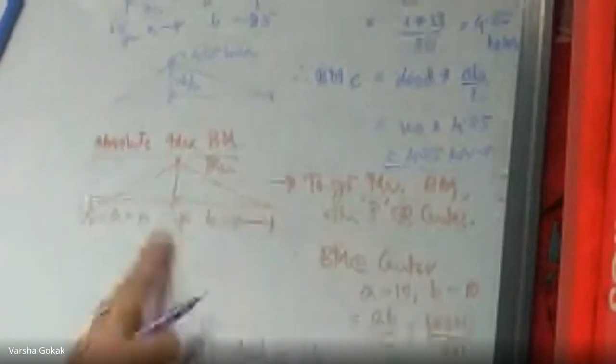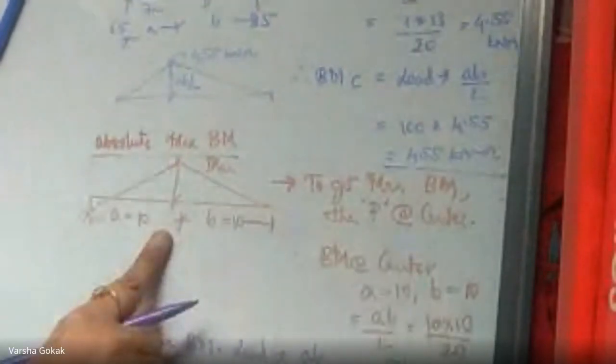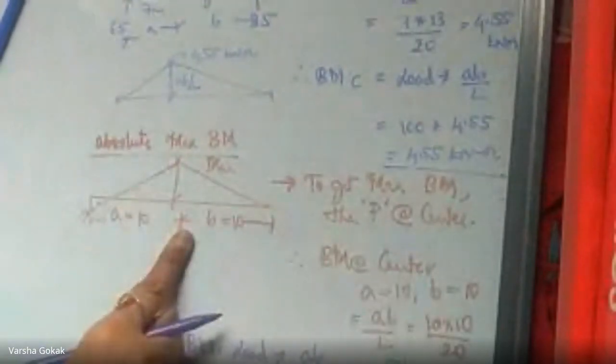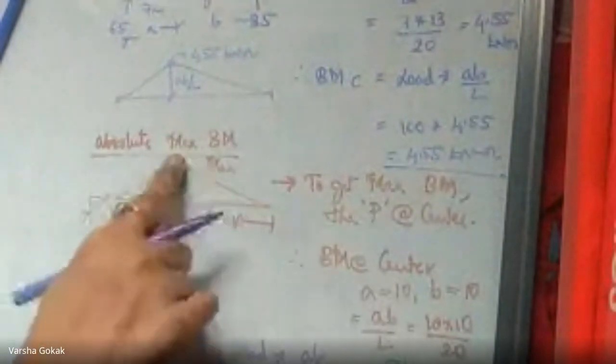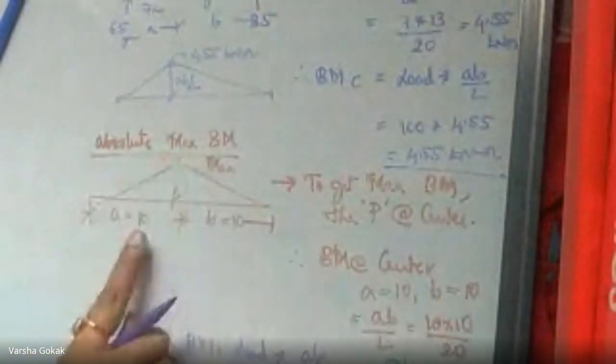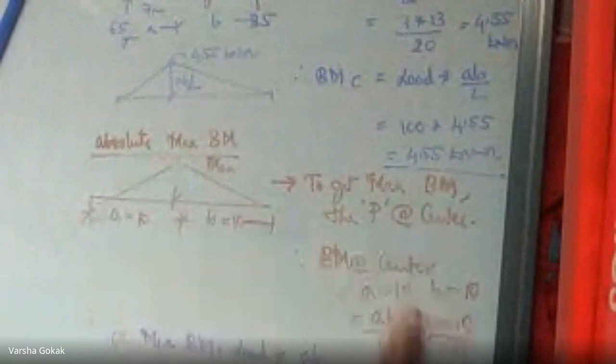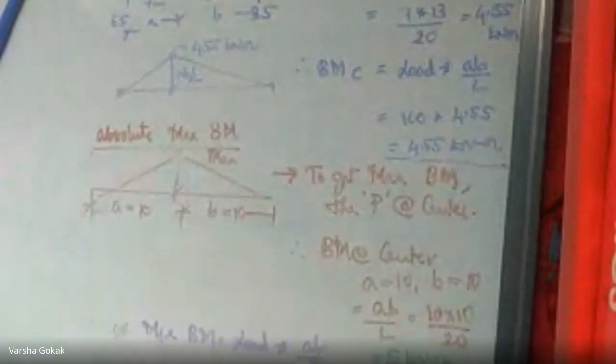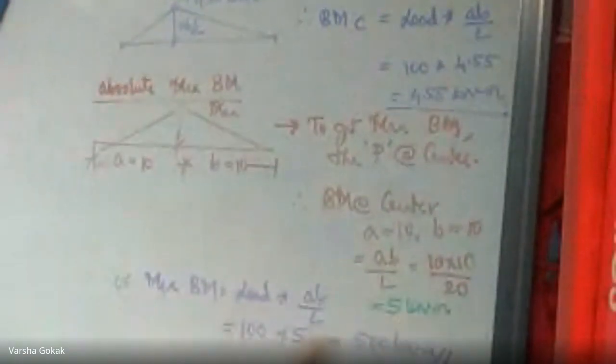Keeping that in mind, the bending moment is maximum at the center, and the values of A and B become 10 and 10. So AB by L becomes 5. When I substitute, the maximum bending moment is load into AB by L, that is 100 into 5, that makes it 500 kilonewton meter. Am I clear? Any doubts with this?